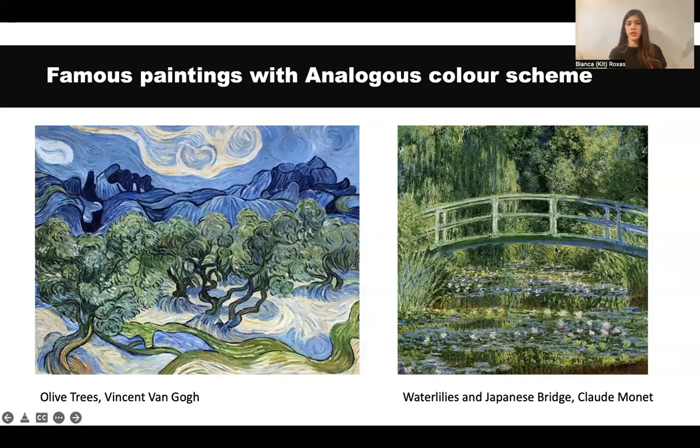When you first look at this artwork, it may look like a monochromatic color scheme, but if you pay attention to the palette, and palette means the range of colors that the artist used on his or her artwork, he has here yellow-green on the lilies, green mainly on the background, even on the bridge, with some tints and shades, of course, and then blue here.